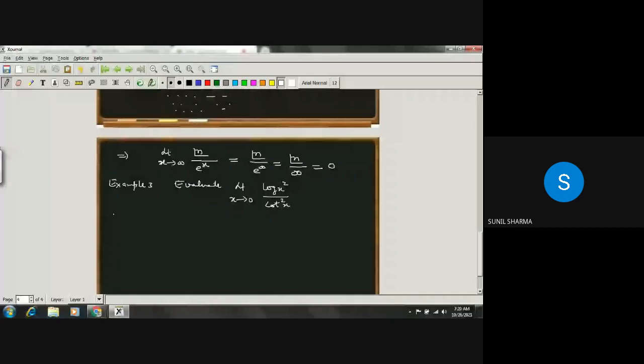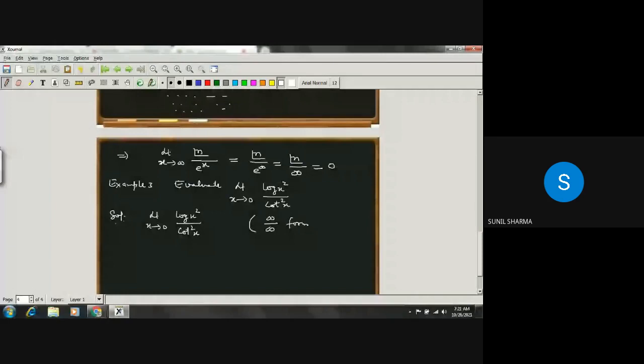So limit x goes to 0, log x square divided by cot square x. Log 0 is infinite, cot 0 is also infinity. So it is in the form of infinite by infinite.